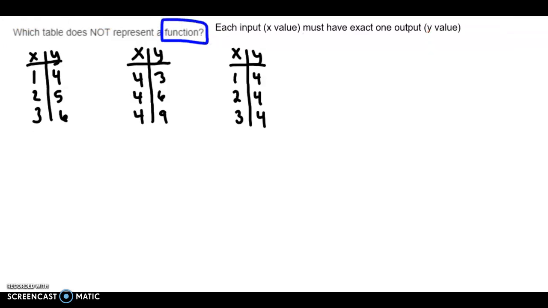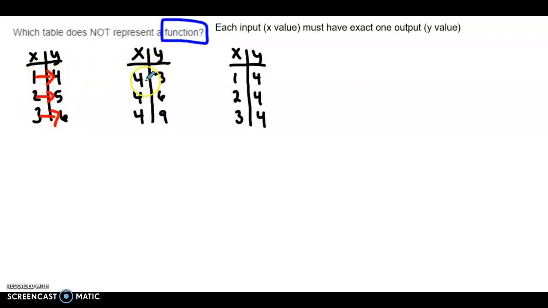What that means is if I look at my x values on this first table, if I put a 1 into this function, every single time I put a 1 in, it has to equal 4. And when I put a 2 in, it has to equal 5. And when I put a 3 in, it has to equal 6. Each of those inputs only has one output.